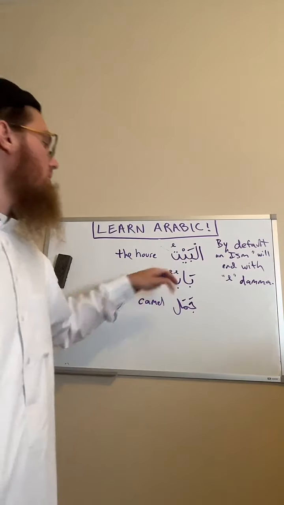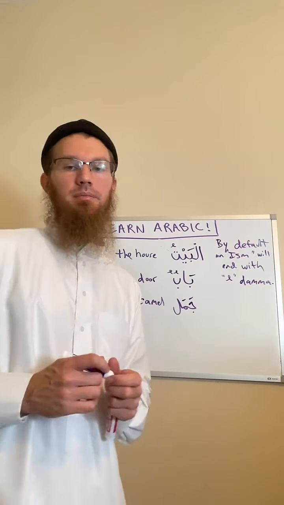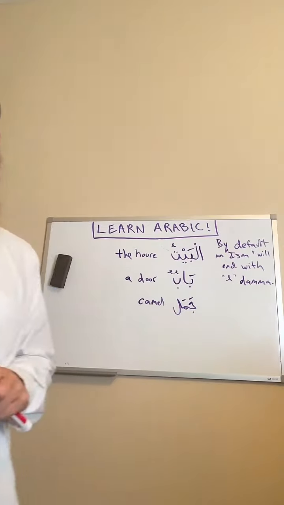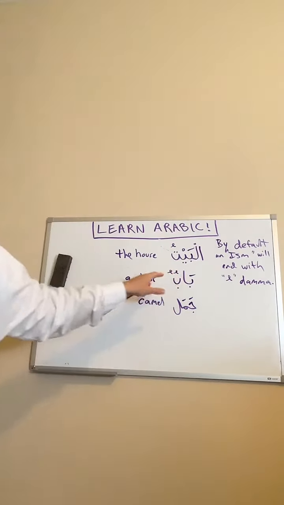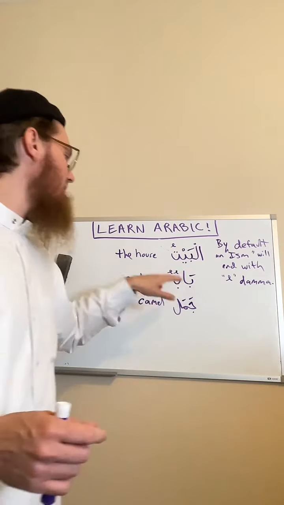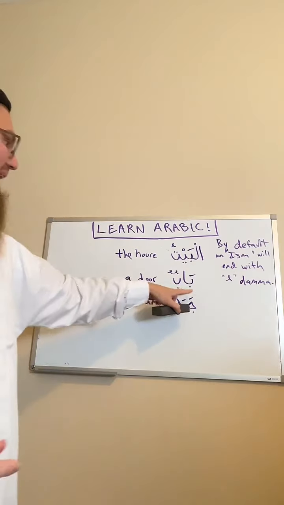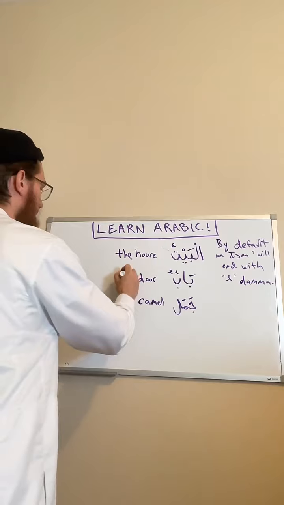Okay, when there's 2 of the same harakah at the end, this is called tanween. And this is a sign that it's indefinite. How would I make this definite? How would I change it from babun, a door, to the door?